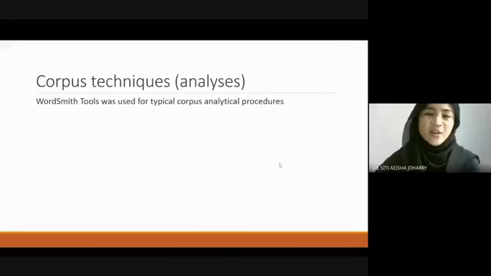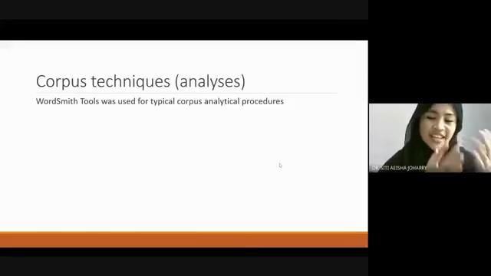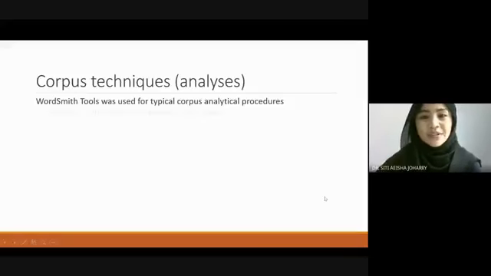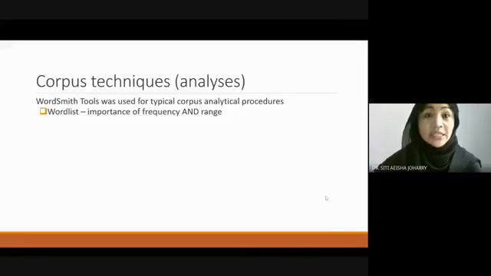So, like I said, once you have a very neat corpus, all of your texts are in TXT format, they're neatly saved, clean, and so on and so forth, you're ready for the analysis. The typical starting of a corpus study is the word list.